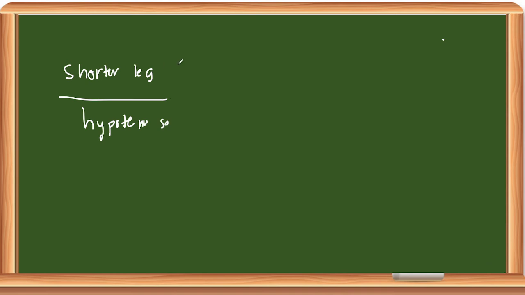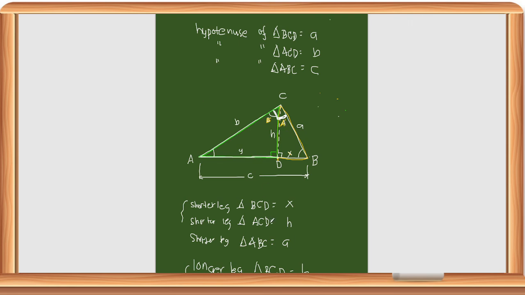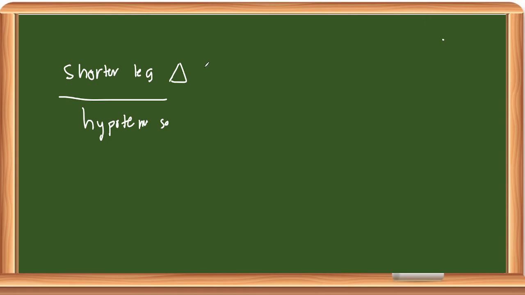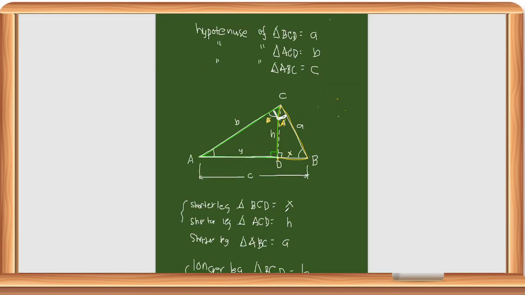Okay, so let's use the smallest triangle, triangle BCD. So, yung shorter leg ng BCD, okay, dito, hypotenuse ng BCD. Okay, so yung shorter leg niya is X, ang hypotenuse niya is, asan yung hypotenuse niya? Ito, A. No? Hypotenuse ng triangle BCD.